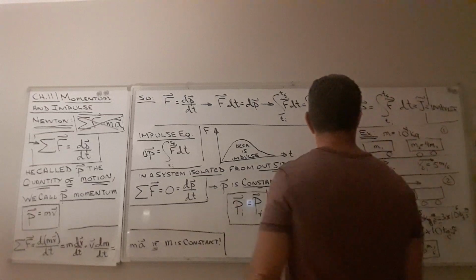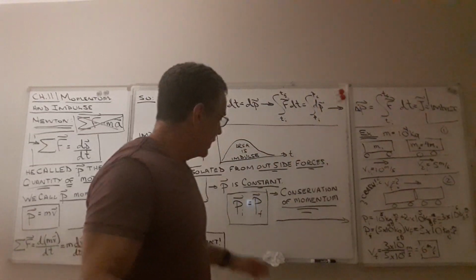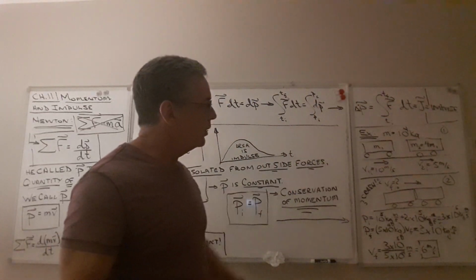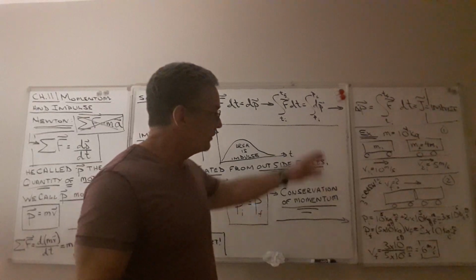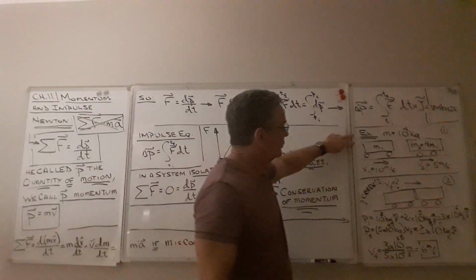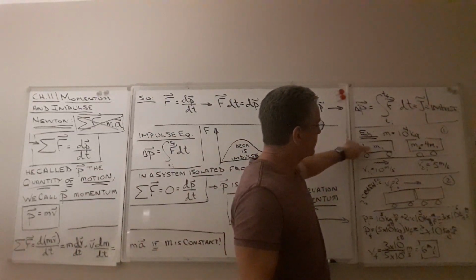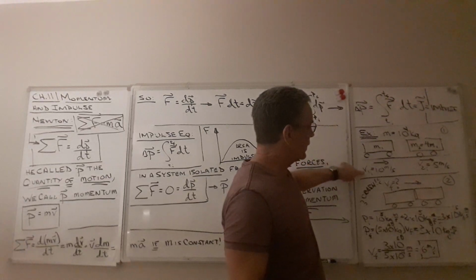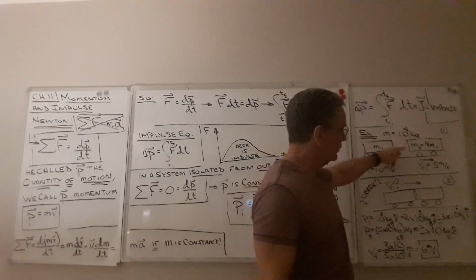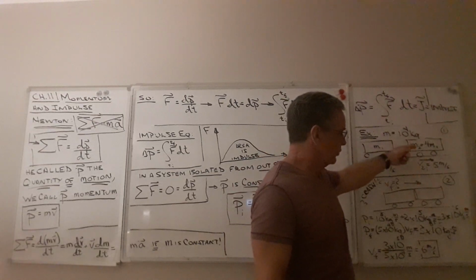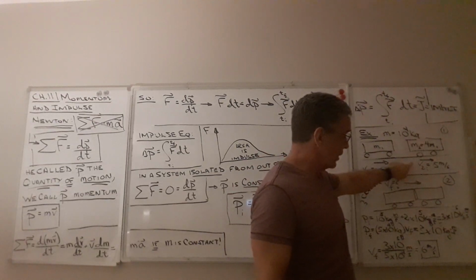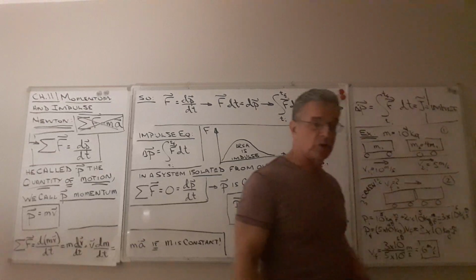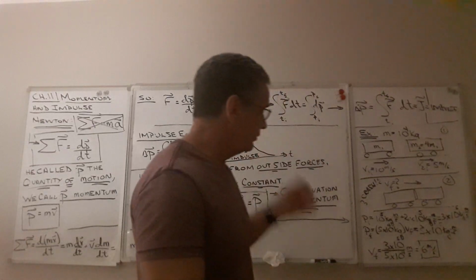Okay, and I'm going to use the conservation of momentum to do a simple problem that I've got up here. Okay, now here's the example. You've got a boxcar that's moving with a speed of 10 meters per second initially, and it runs into another boxcar that's also moving to the right, but it's moving at only 5 meters per second, so there's going to be a collision.